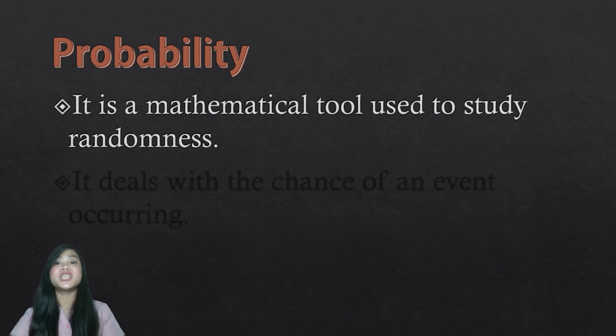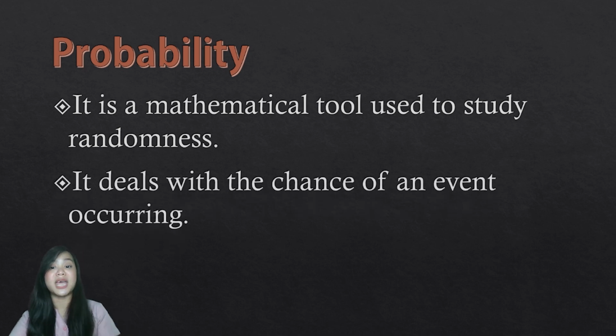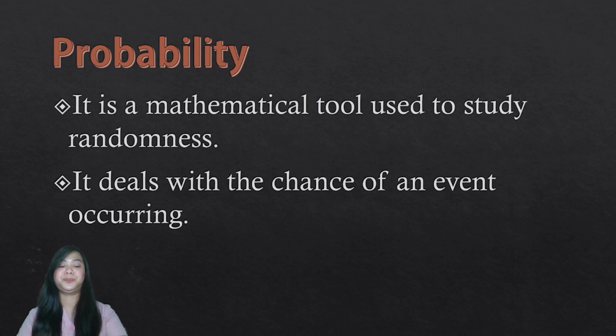It deals with the chance of an event occurring, or the likelihood that this outcome will happen. We can simply say that probability is a possibility. It deals with the occurrence of a certain random event. Later we are going to discuss the different properties of probability.